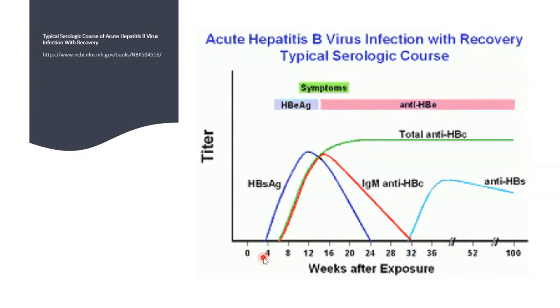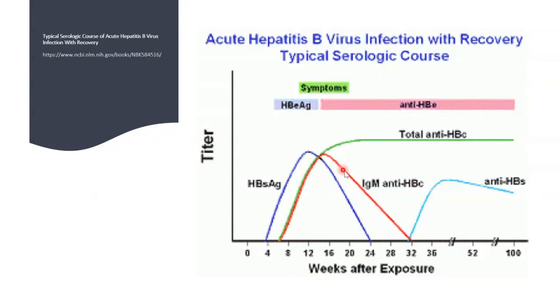I just noticed this. If somebody has an acute hepatitis B virus infection with recovery, this is a typical serologic course. Hepatitis B surface antigen occurs, okay, right here. So HBsAg peaks. This would be with the infection or the vaccine right here.